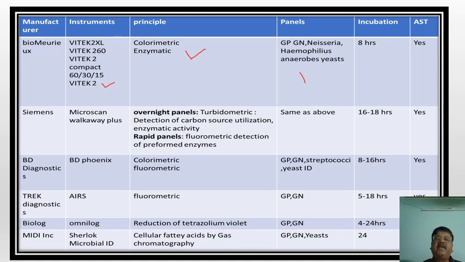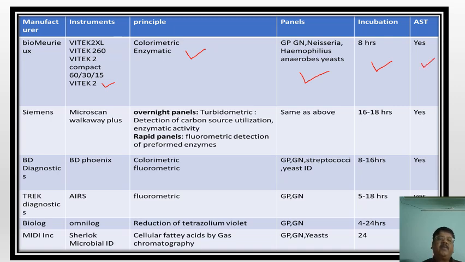The panels are gram negative, gram positive, Neisseria, Haemophilus, anaerobes, yeast. These are the various panels we have to use for identification, depending upon our preliminary testing after the growth. Within 8 hours of incubation the result may come, and even antimicrobial susceptibility testing is also possible.